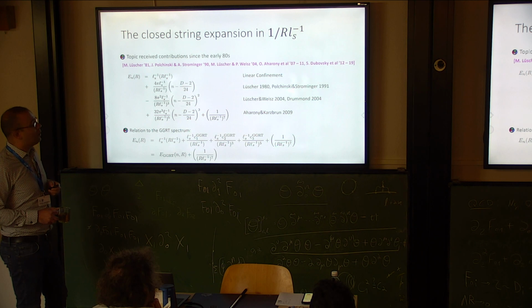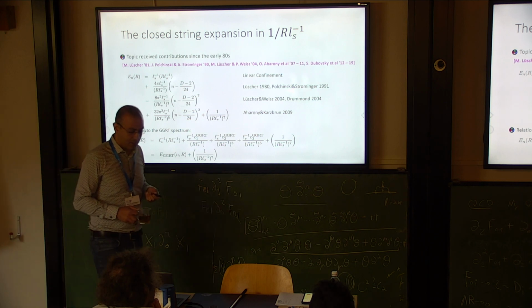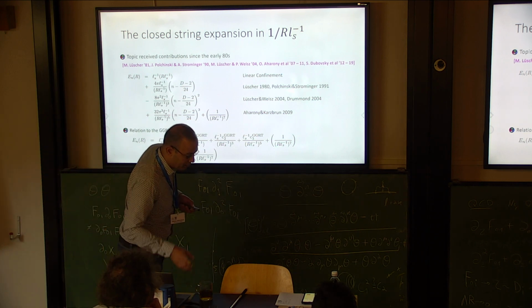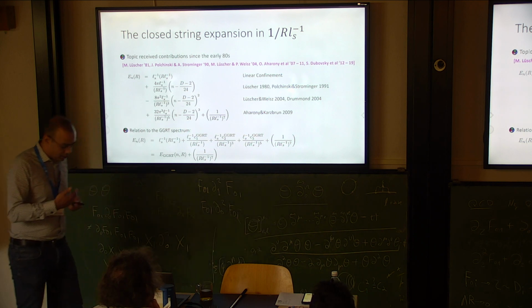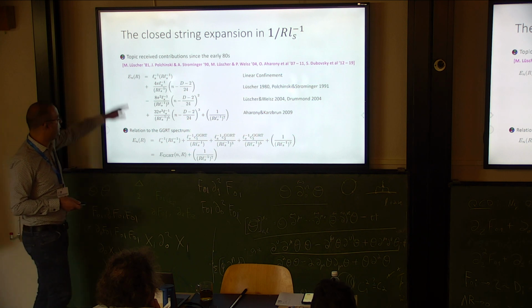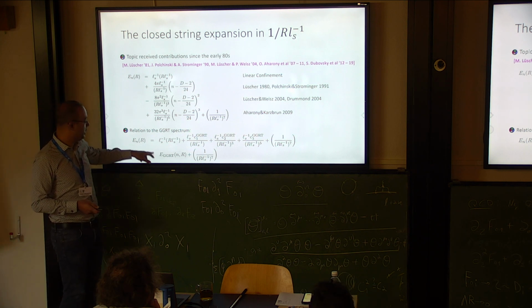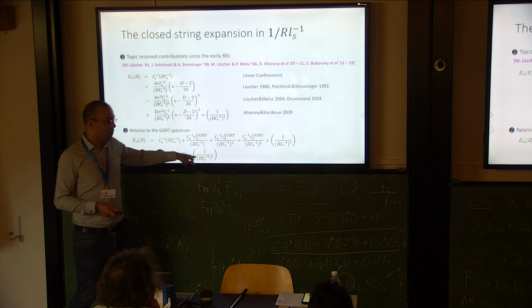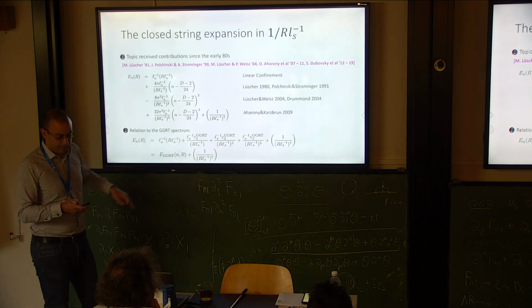And actually, if one performs the 1/r expansion of the effective string theory by including higher derivative terms in the action, one can show that the energy of the flux tube should be the energy of Nambu-Goto plus a correction of 1/r to the power of 7.